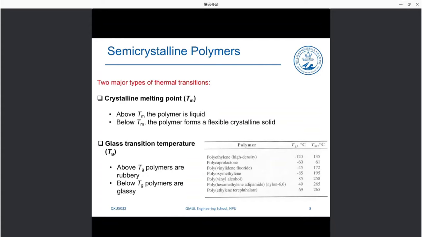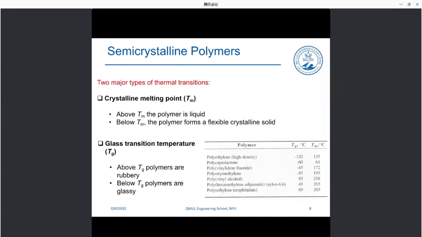Okay, and below the melting point, we have a flexible crystalline solid. Consider polypropylene, polyethylene. So we have a material that can essentially be pliable, easily processed, and has some crystallinity in there.